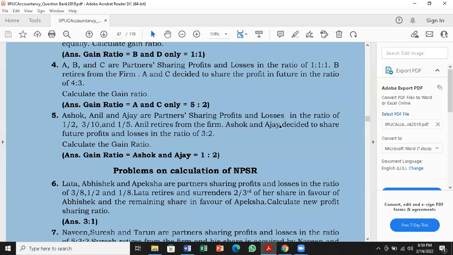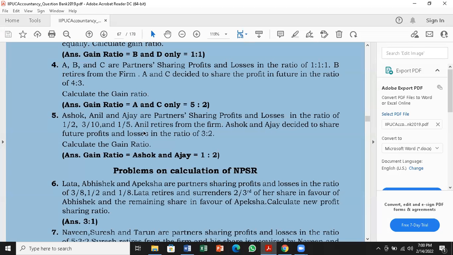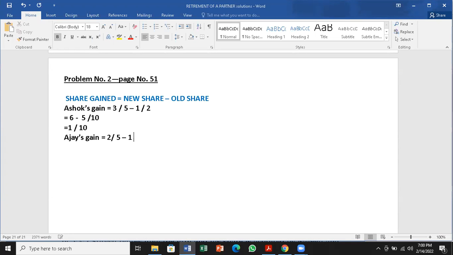Next is Ajay. Ajay is the third partner, remember. So 3:2 means Ajay will get 2 by 5. Ajay's share of old one is 1 by 5. Ajay's gain is equal to new share 2 by 5 minus old share. Have a look, 1 by 5. So go for LCM.